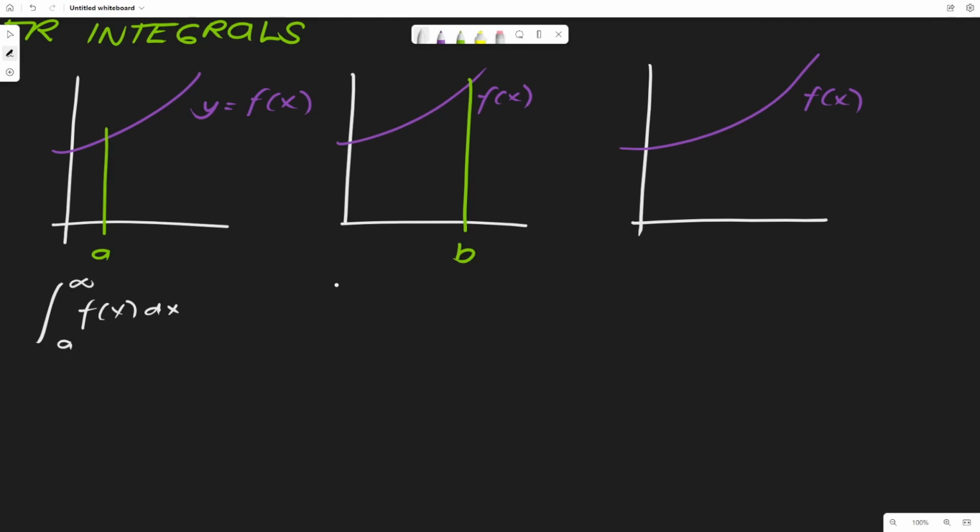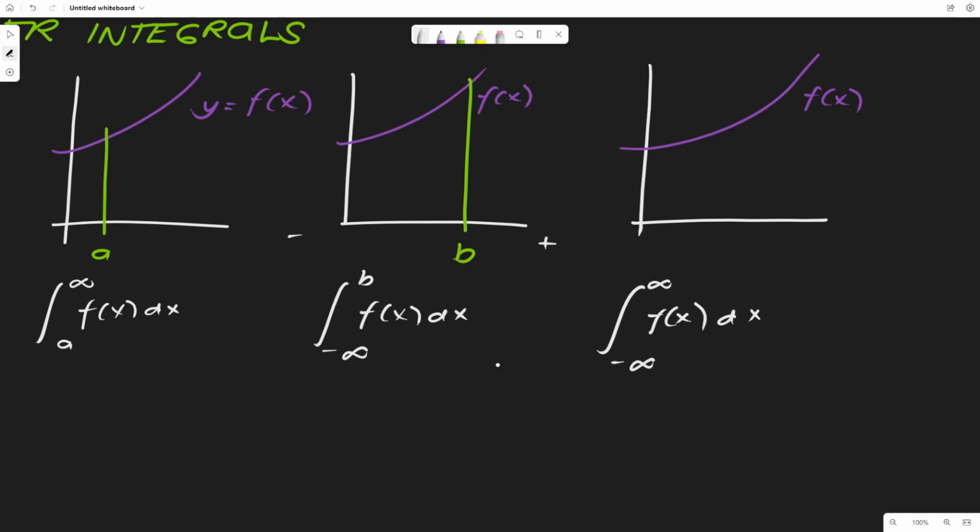Then this one is f of x dx from negative infinity to b, remember, this is negative, this is positive. And this one is f of x dx from negative infinity to positive infinity.